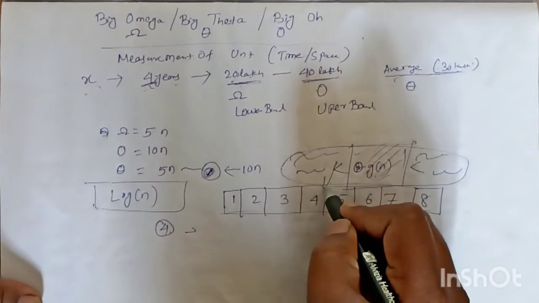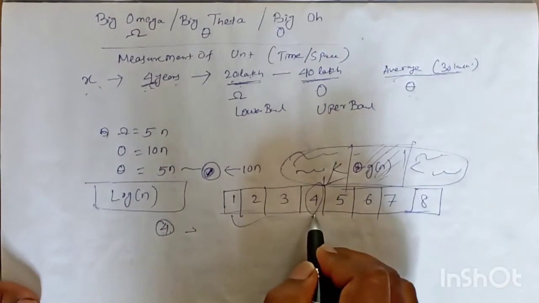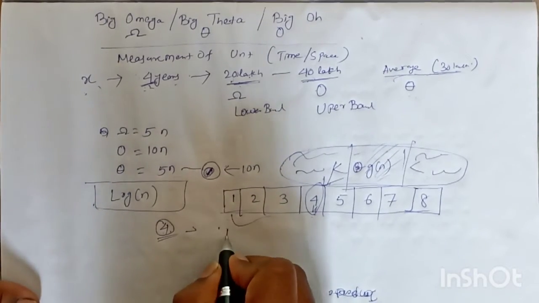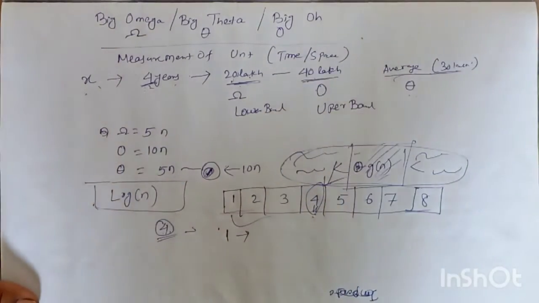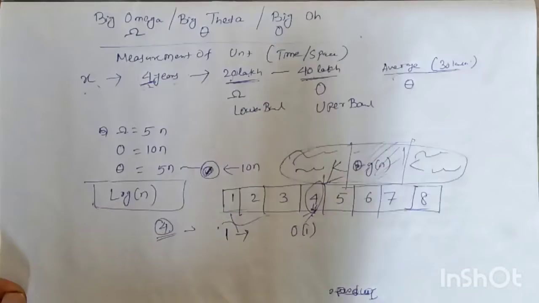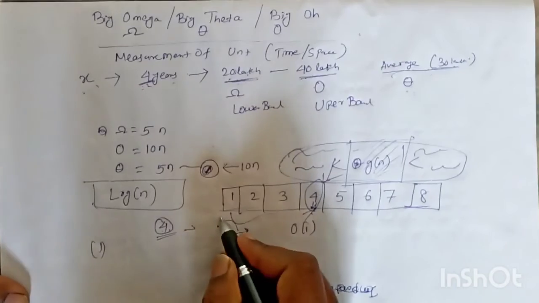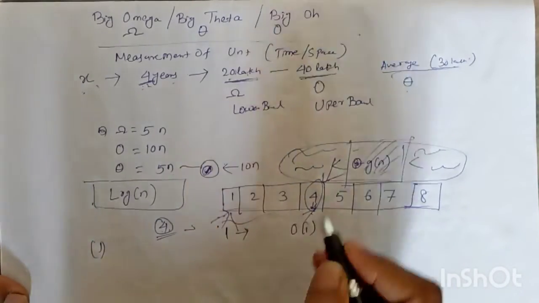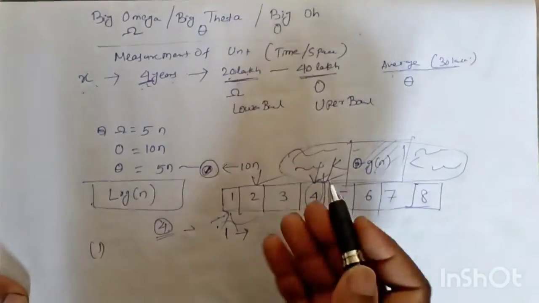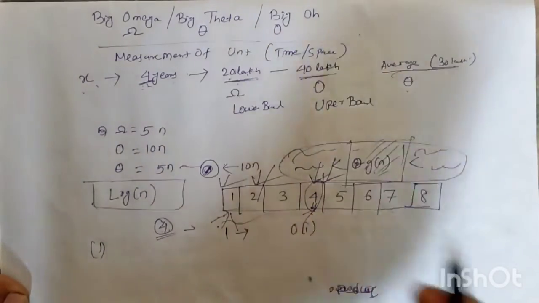So it will go for the middle element, and the middle element of this array is 4. It finds that 4 is available at this place with one search. That means the time complexity is order of 1 if I want to find 4. But if I want to search 1, binary search will first go to this pointer, then again to this pointer by dividing, then again to this pointer.